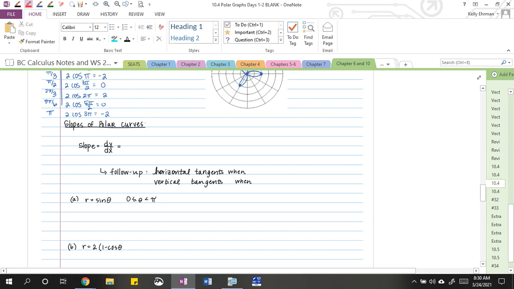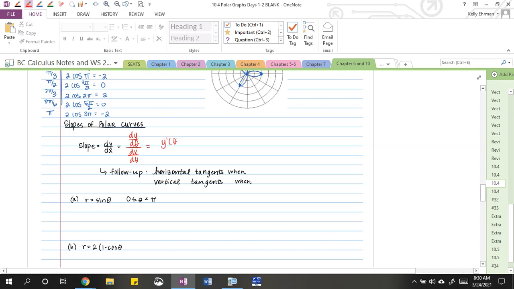So in the last section, when we had parametrics, remember dy dx was dy dt over dx dt. Now we have dy dx is dy d theta over dx d theta. Right? dy d theta over dx d theta.